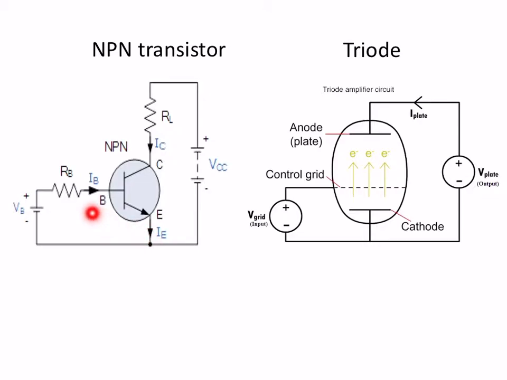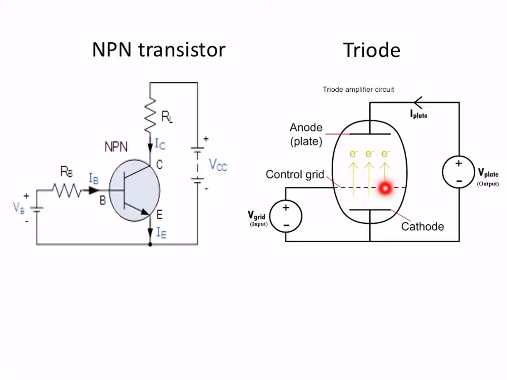So this is the detailed diagram for the NPN transistor. Here the input is given to the base and the output is derived from the load resistance in the collector. In the triode, there are three components: control grid, cathode and anode. The anode resembles the collector, the control grid resembles the base and the cathode resembles the emitter. The cathode is negative, so the electrons emitted from the cathode go to the anode, because it is at positive potential.